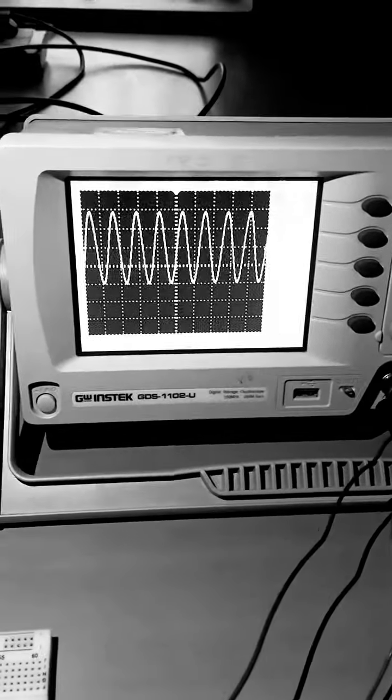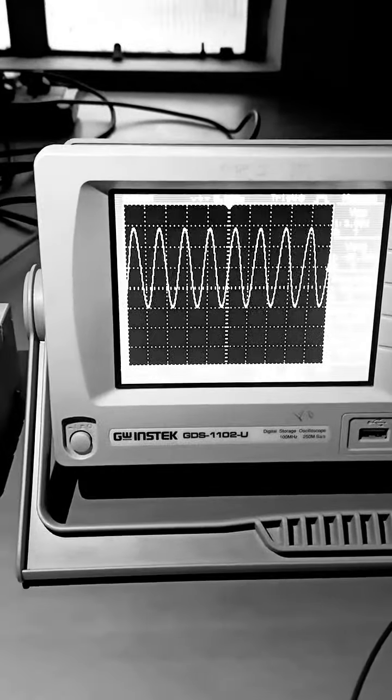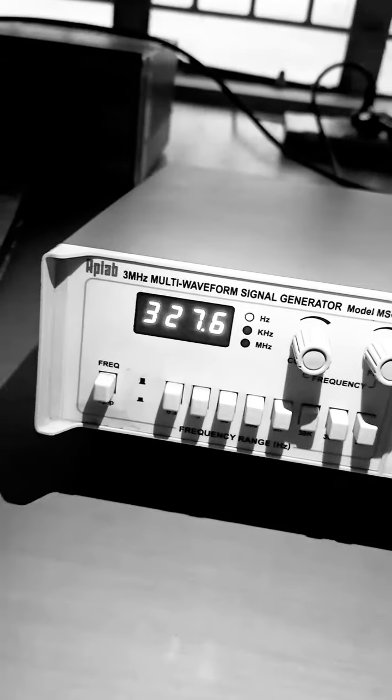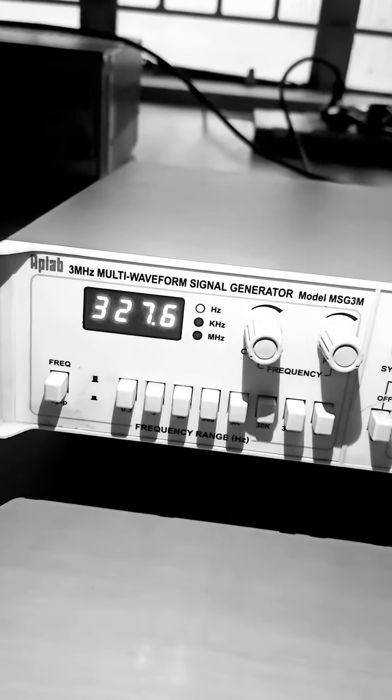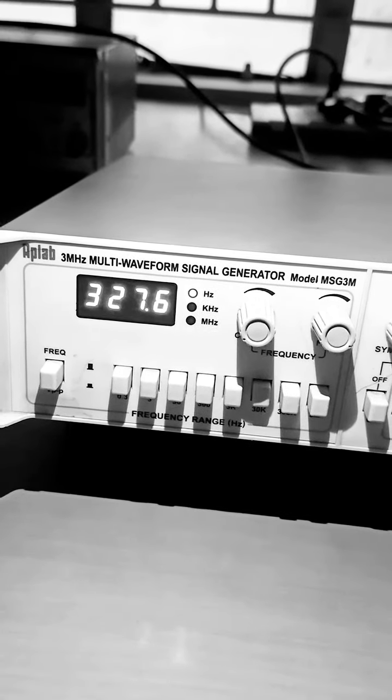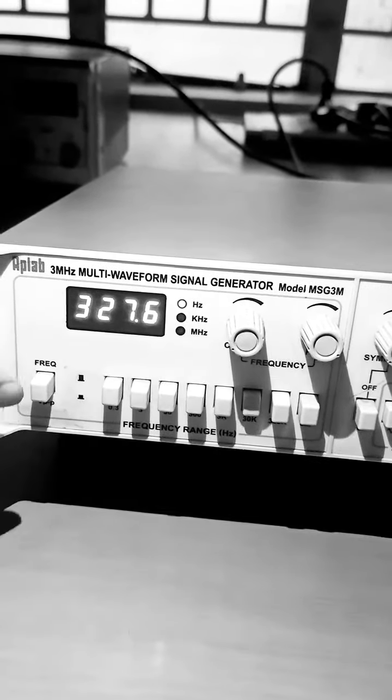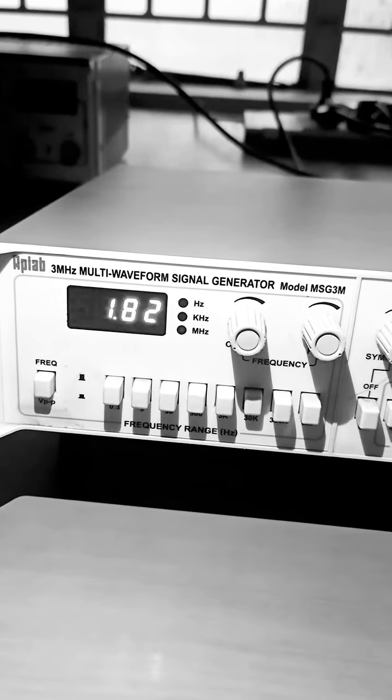On the CRO you can see a sine wave. On the signal generator we have applied around 327 Hertz of frequency and a voltage of around 2 volt peak to peak.